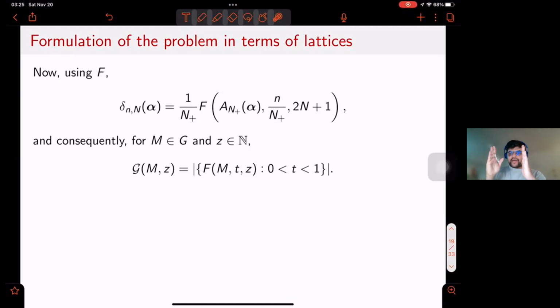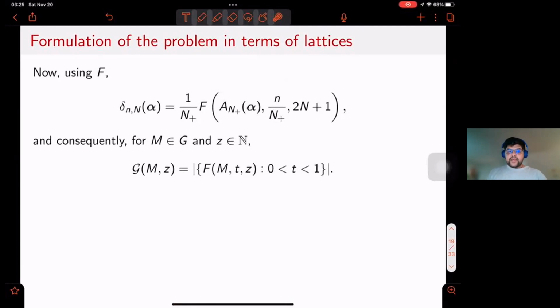So basically, you have this strip of length 1, between minus t and 1 minus t. You're going to keep moving it as t varies from 0 to 1, and you want to count the number of distinct values that the function f is going to take, and that is going to be the value of the function G.